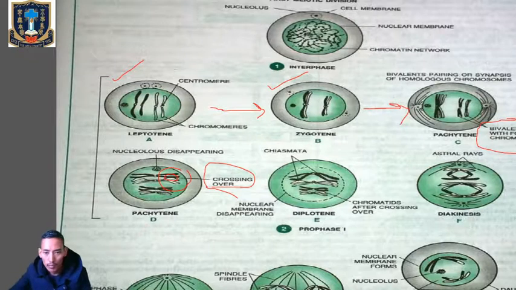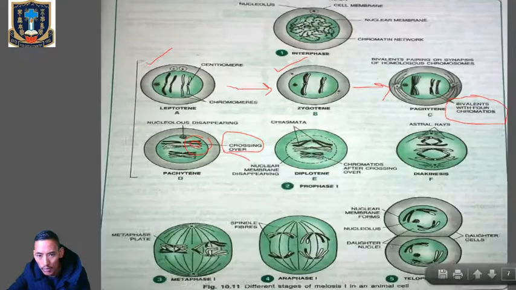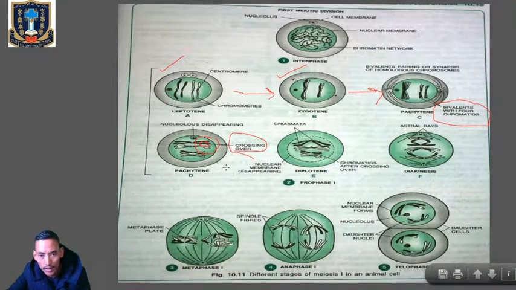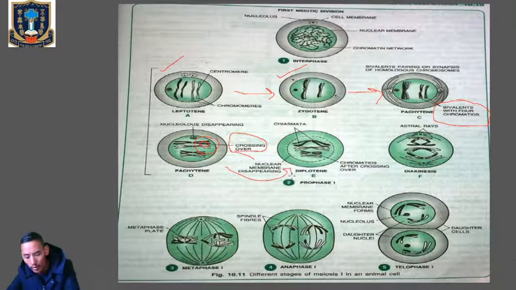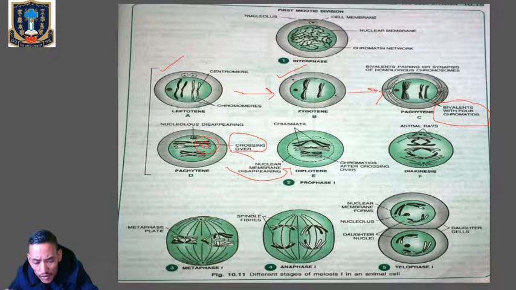From the pachytene, we are moving into the next phase, which is called the diplotene. Okay, so from pachytene, the cell will move to the next one, which is called the diplotene. Now let's see what are the characteristic features of the diplotene phase of the cell division. So first, write down: the beginning of diplotene is recognized by the dissolution of the synaptonemal complex, the complex which was formed in which phase?